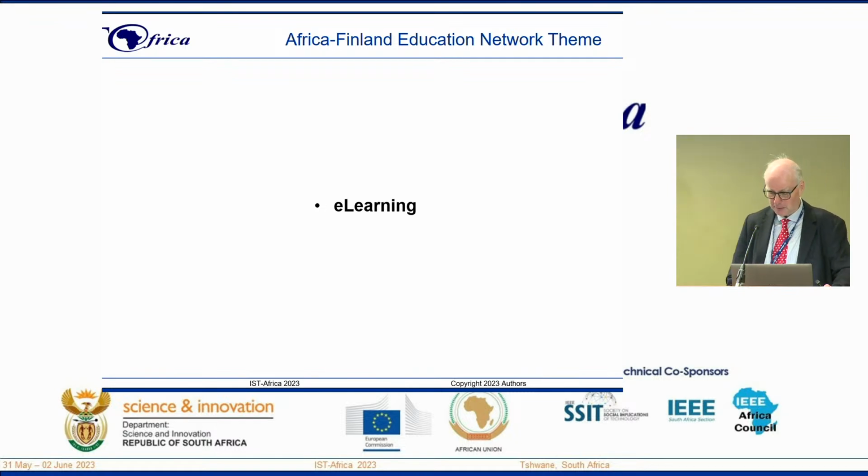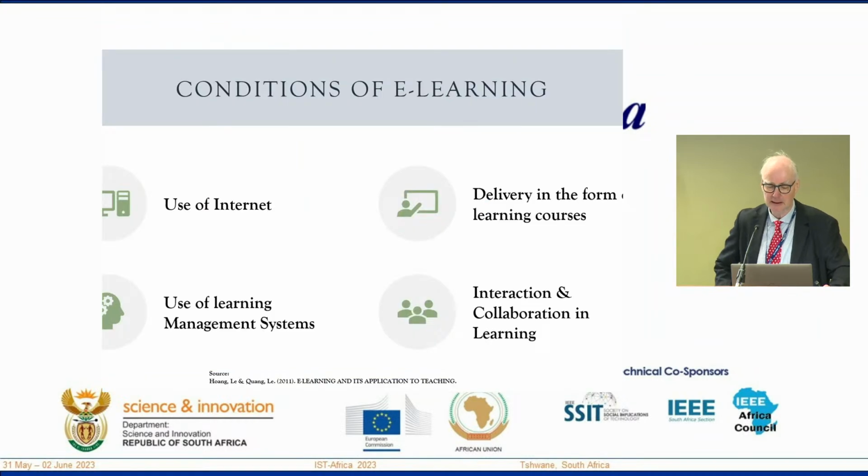Then a few words about online learning, e-learning. The conditions, of course, if you want to utilize e-learning, are the use of internet and some type of learning management system. There are many of those. With this system, it's possible to deliver learning courses in different forms.